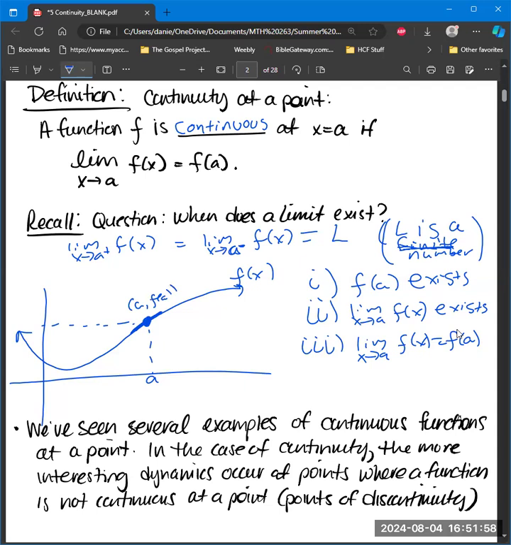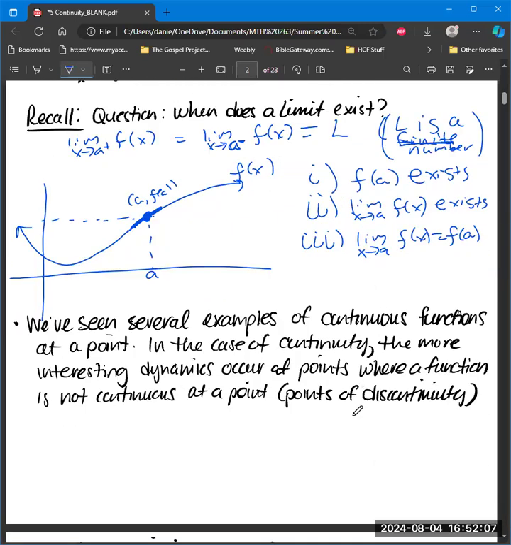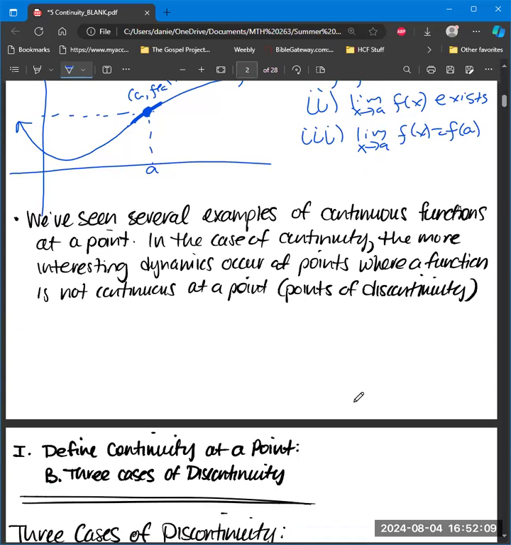So f of A exists, the limit exists, and they're the same thing.